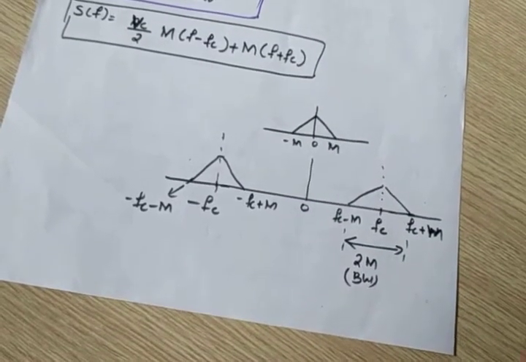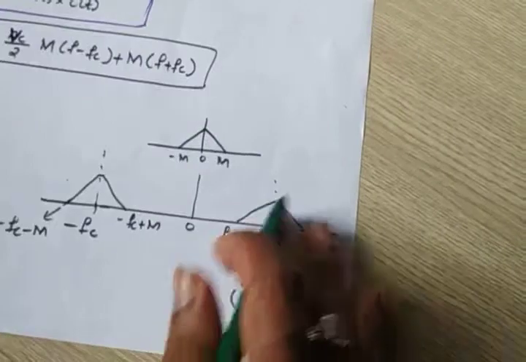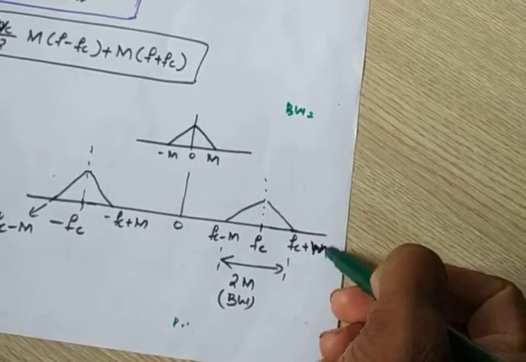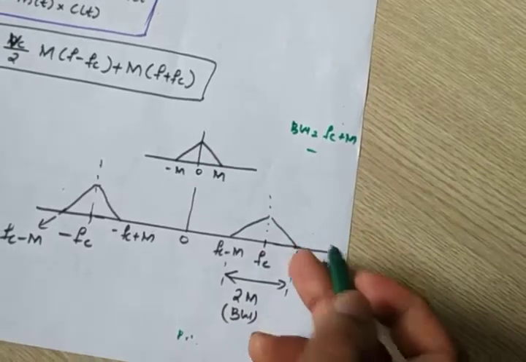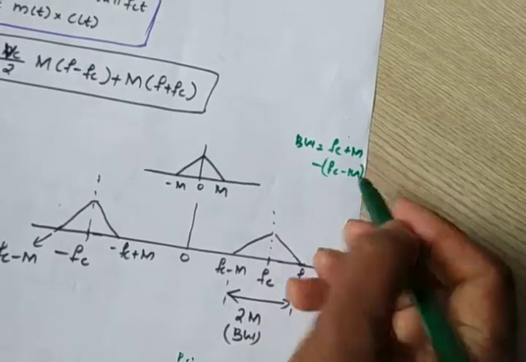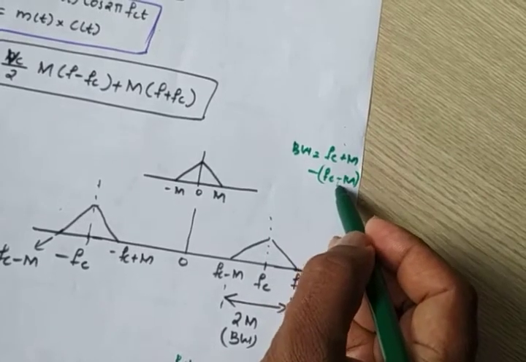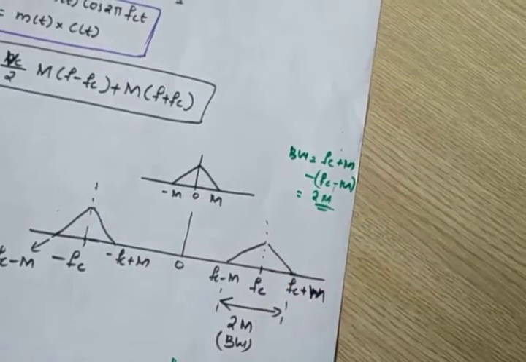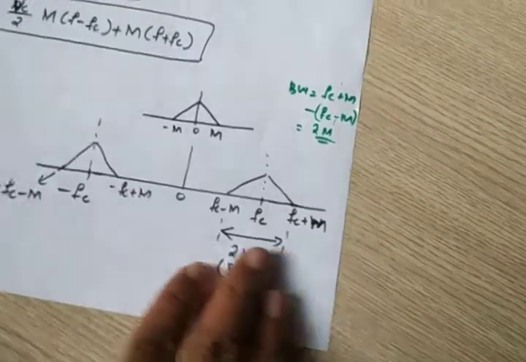So you subtract: fc plus fm minus fc minus fm. The fc terms cancel and the fm terms add, so finally you get 2 times fm. That's why bandwidth is represented as 2fm. And this is the spectrum.